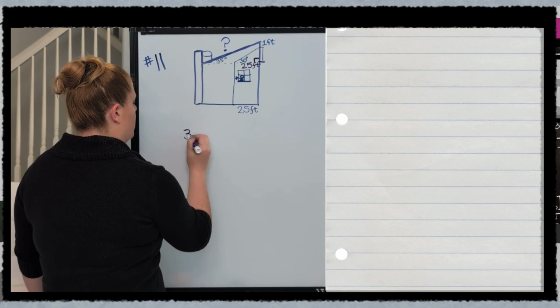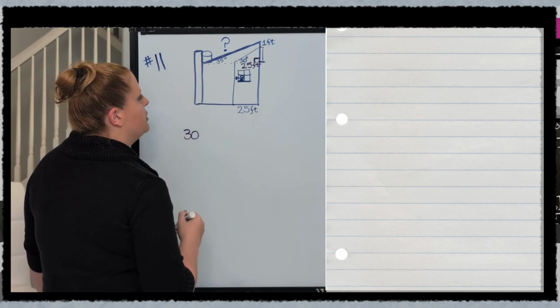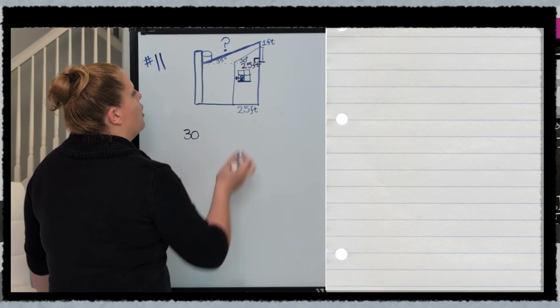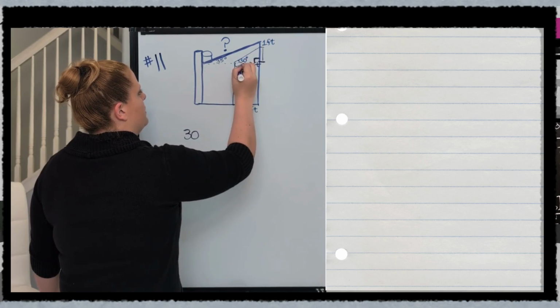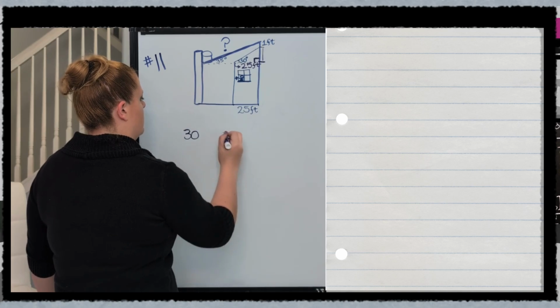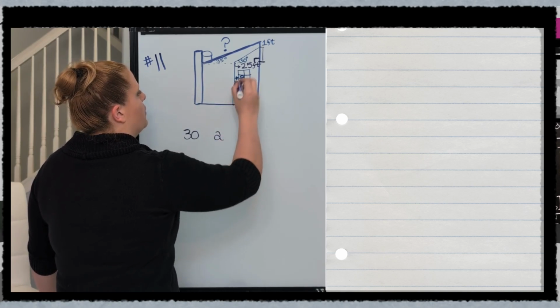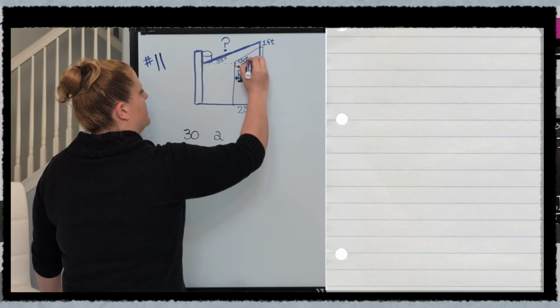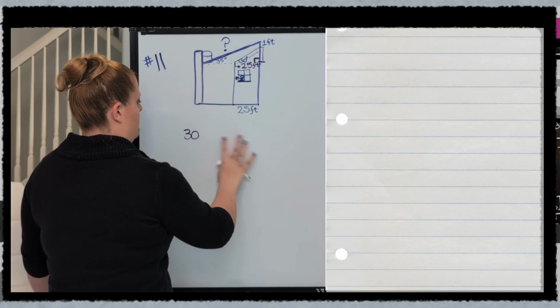So we are working with our 30-degree angle. We're going to have to use some kind of trig function. We currently have the adjacent, okay? And we're looking for its opposite.